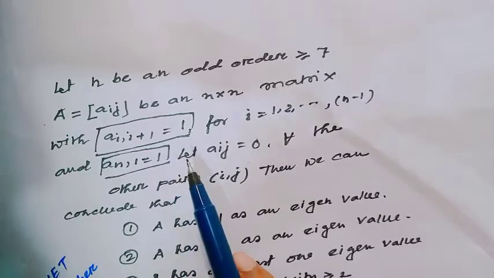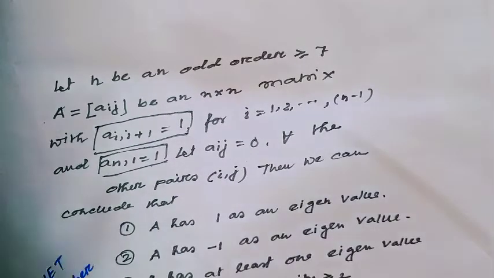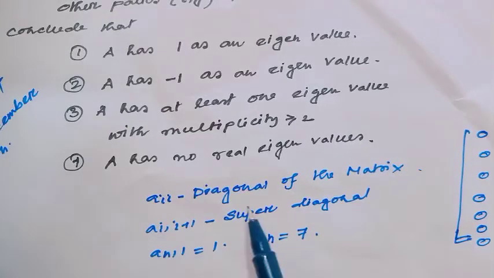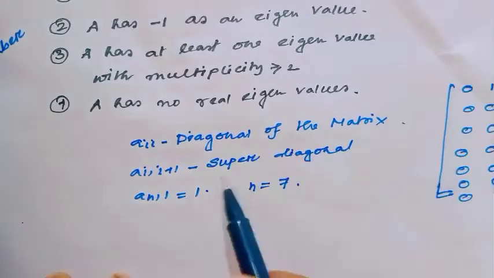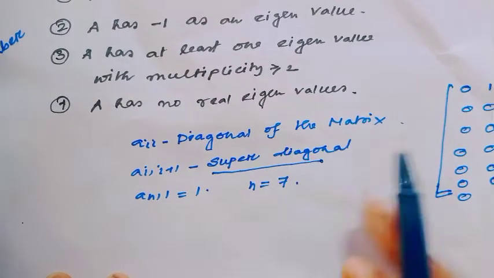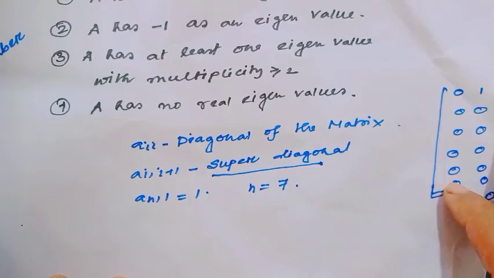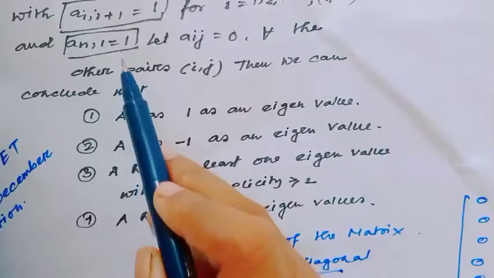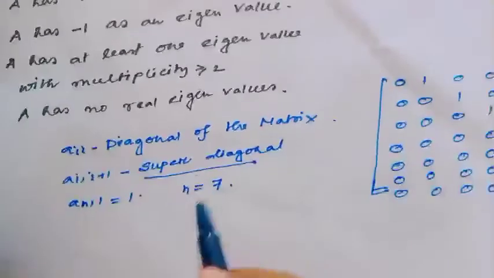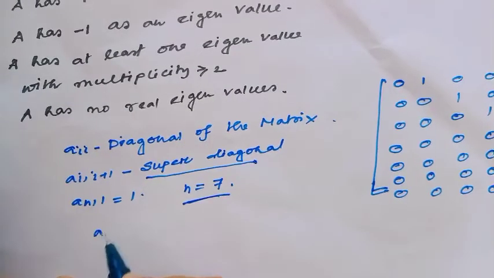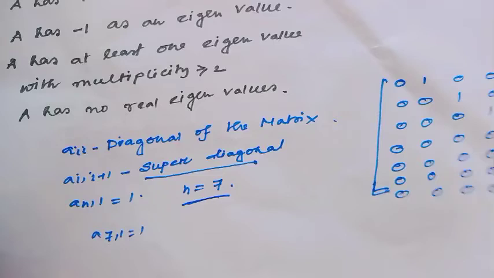This is also an example of a companion matrix, because we all know a(i, i) is the diagonal of the matrix, and a(i, i+1) obviously means the super diagonal of the matrix. Here it is given that a(n, 1) equal to 1, where n is 7, that means a(7, 1) is obviously 1.